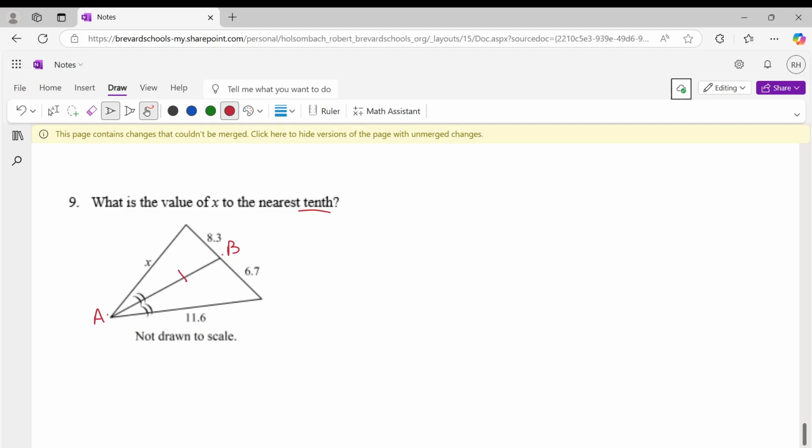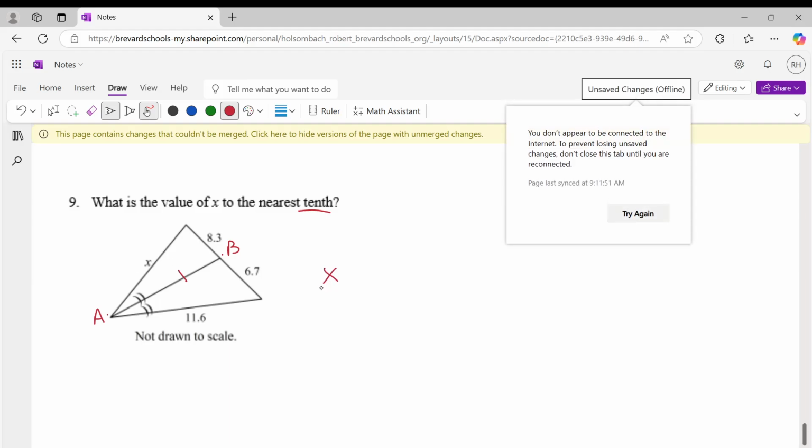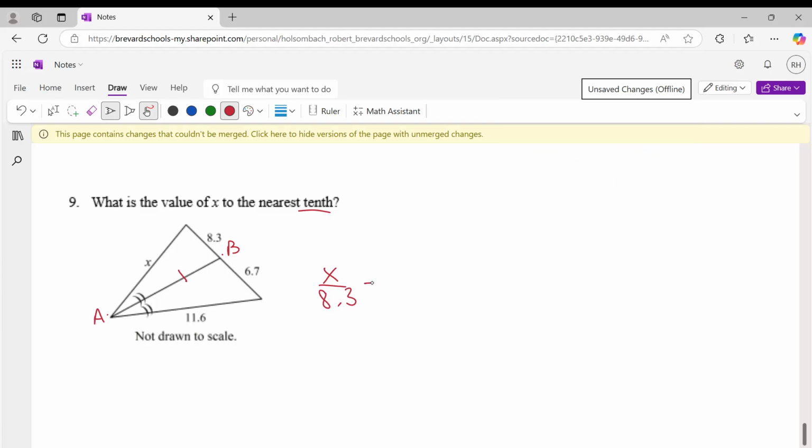All right. And if that's the case, we can write a proportion to solve for x. So I'm going to take the longer side of the triangle on the top, which is x, put it over this short side of the triangle on the top, which is 8.3. I'm going to set it equal to the longer side of the triangle on the bottom, which is 11.6. And that goes over this shorter piece of the triangle on the bottom, which is 6.7.